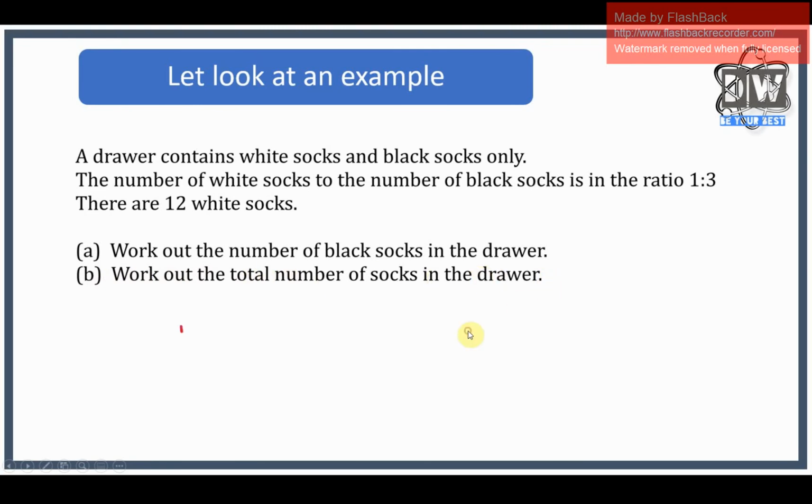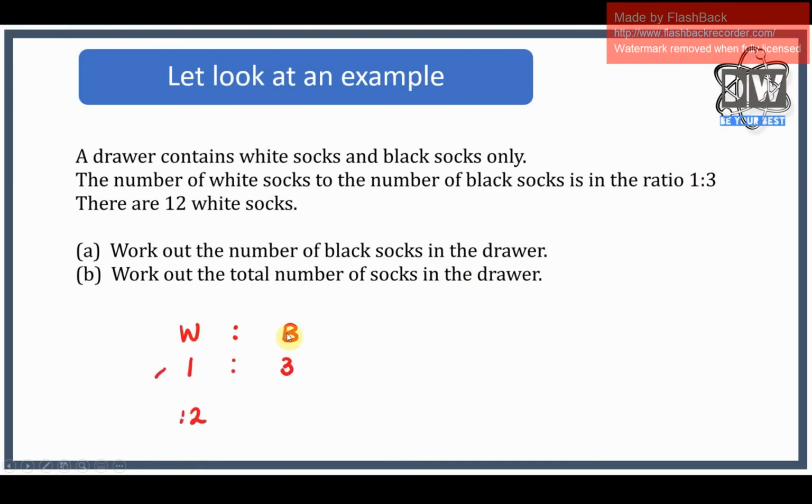So very simply, like we did before, we label them up, remembering that if we have white socks first in our text, then that will be represented in our first number, and obviously black socks for our second.